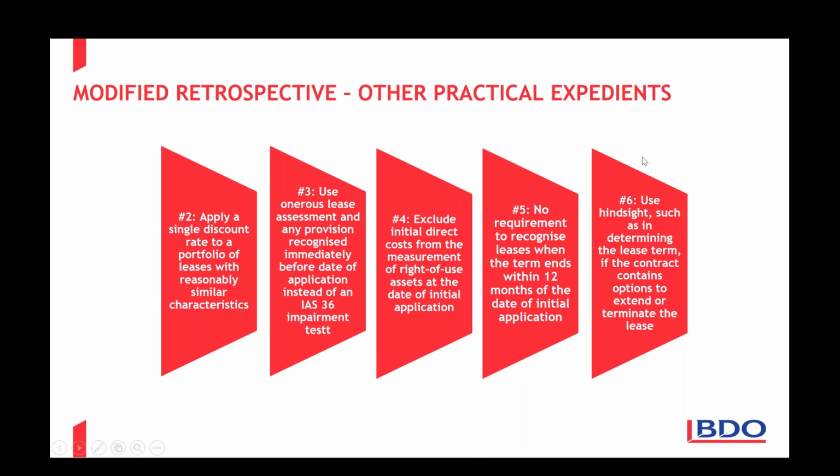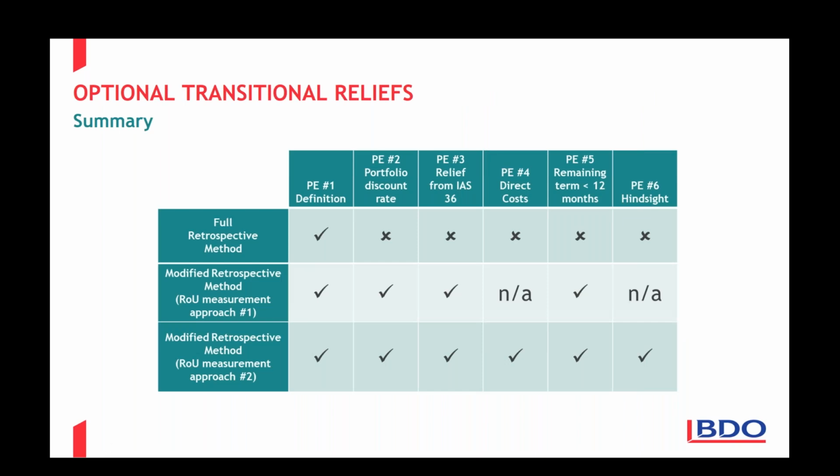I think what is interesting is this next slide, these optional transitional reliefs on the calculation side that's available. As I said, there's 6 of them. If you look at the full retrospective method, only one calculation practical expedient is available. If you look at modified retrospective method 1, you can see 2 of them are not applicable, the other 4 are available.